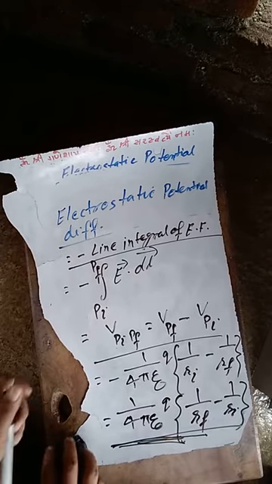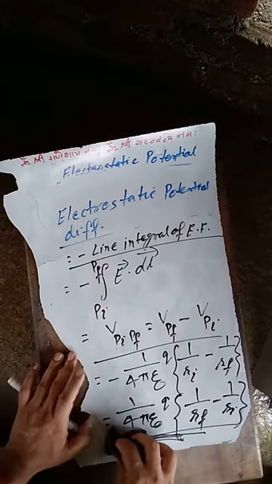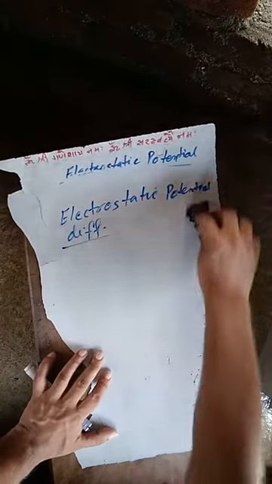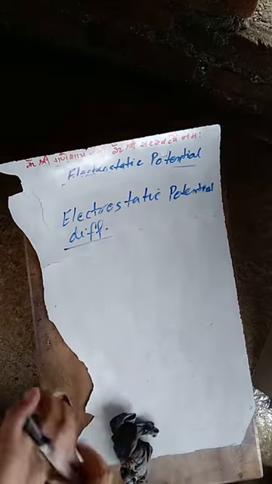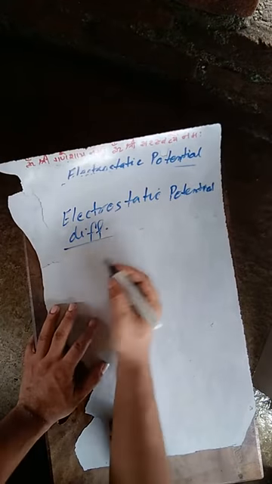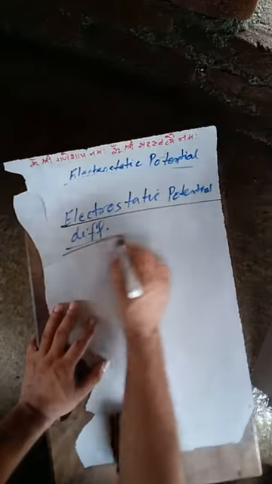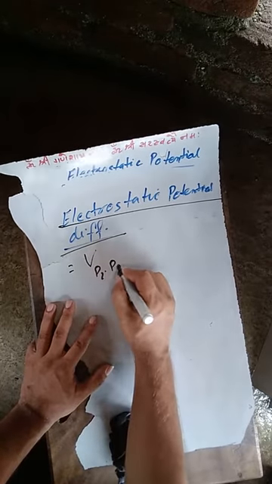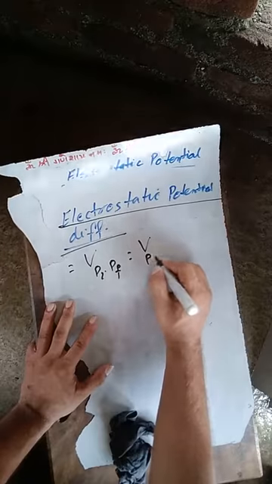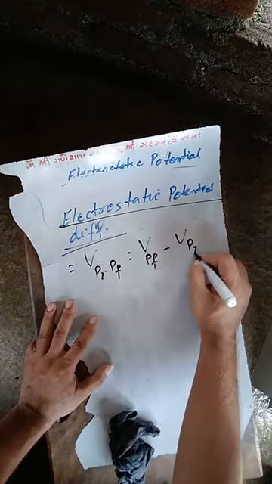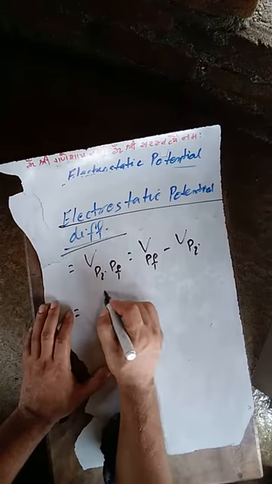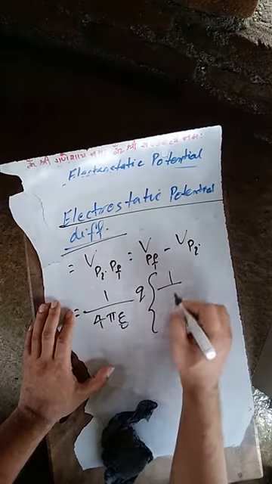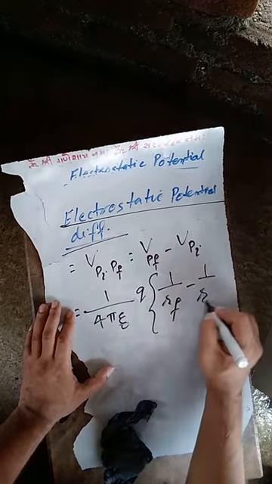So we can write electrostatic potential difference from initial to final point as Vpf minus Vpi, and it is equal to 1 by 4 pi epsilon naught Q into 1 by Rf minus 1 by Ri.